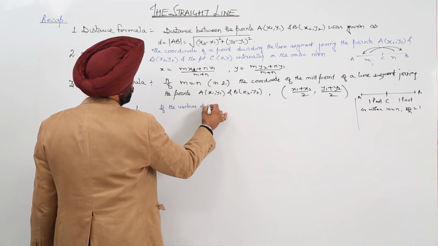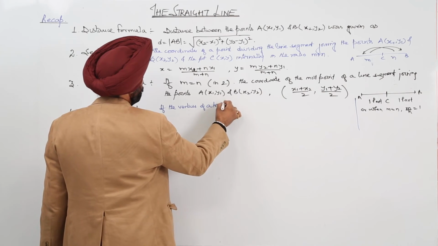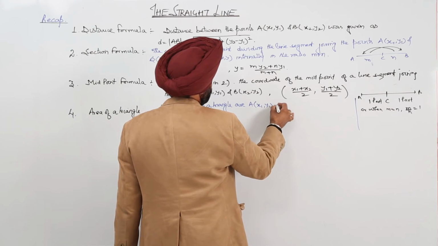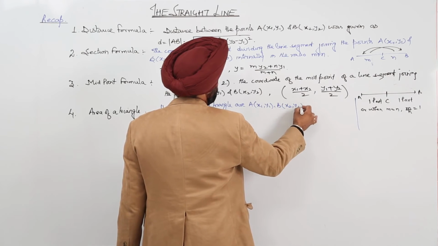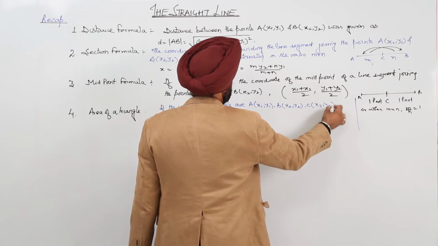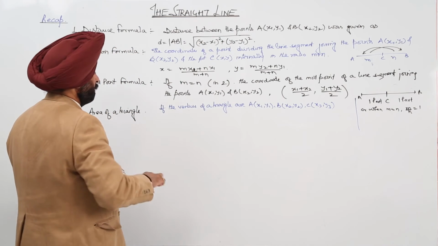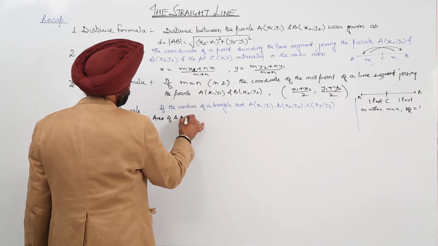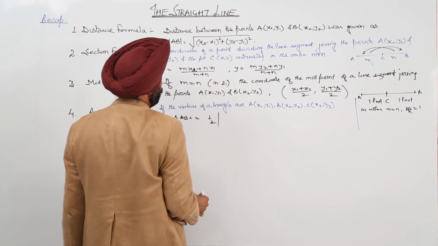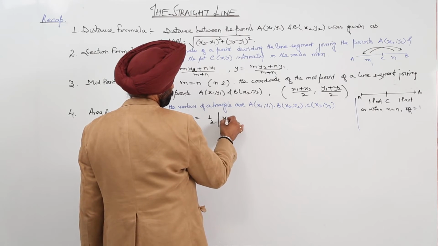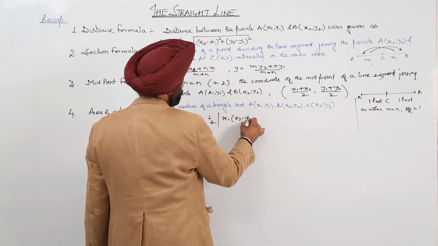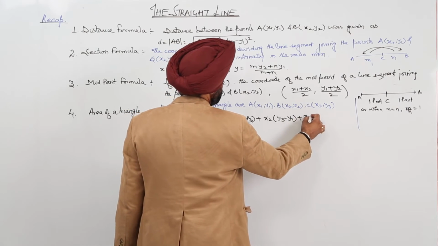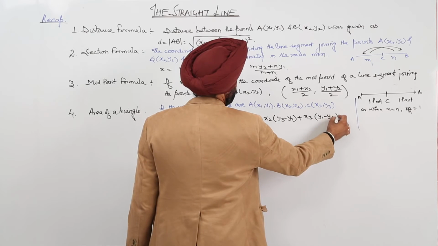If the vertices of a triangle are capital A x1 y1, capital B x2 y2 and capital C x3 y3, then the area of triangle ABC is equal to 1 upon 2 times x1 (y2 minus y3) plus x2 (y3 minus y1) plus x3 (y1 minus y2).